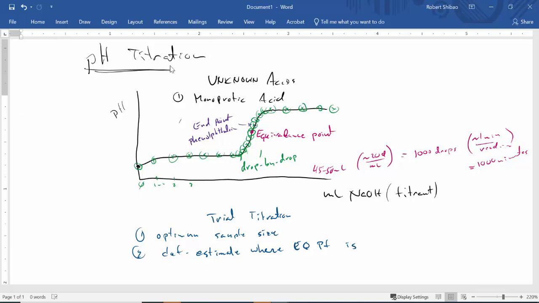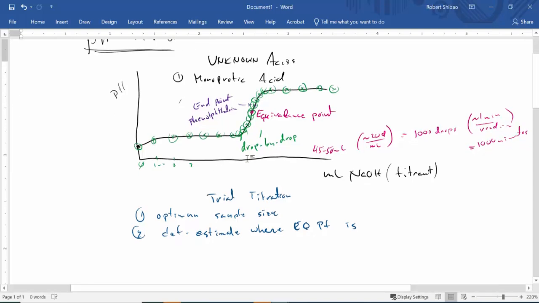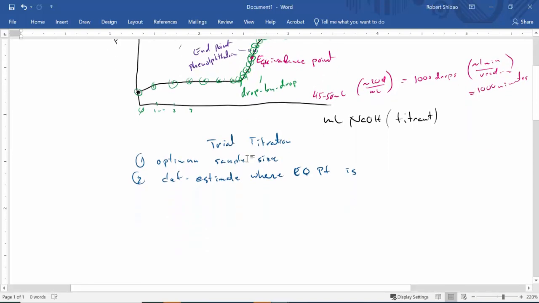So the first thing is, how much unknown do you use? Our unknowns are solid acids. These are large organic carboxylic acids.